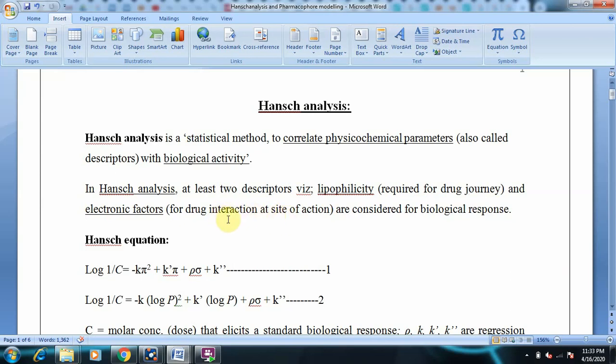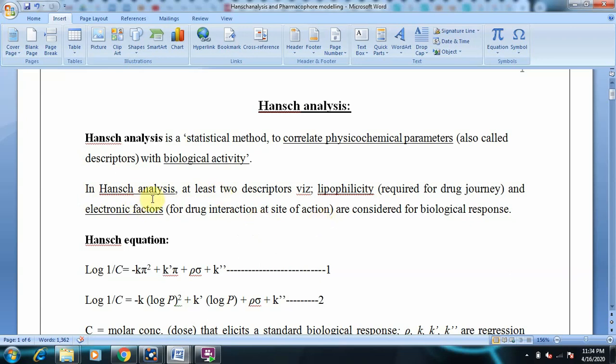As we said yesterday, during the docking process, the ligand or drug molecule will enter the binding pocket, also called the active site. There it has some interactions with the protein. The drug or ligand will have interactions in the active site of the protein, so these electronic factors have a crucial role for drug interaction at the site of action.